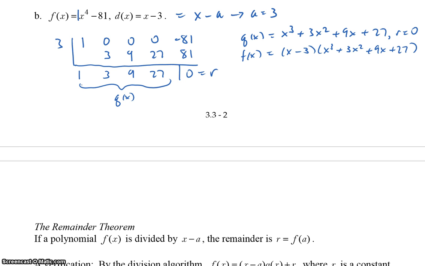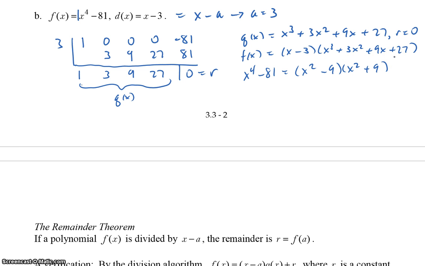Now, I want to connect this to something that you would be familiar with from algebra, and that would be that normally in factoring x to the fourth minus 81, we would look for a special pattern, in this case a difference of squares, to factor it as x squared minus 9 times x squared plus 9.